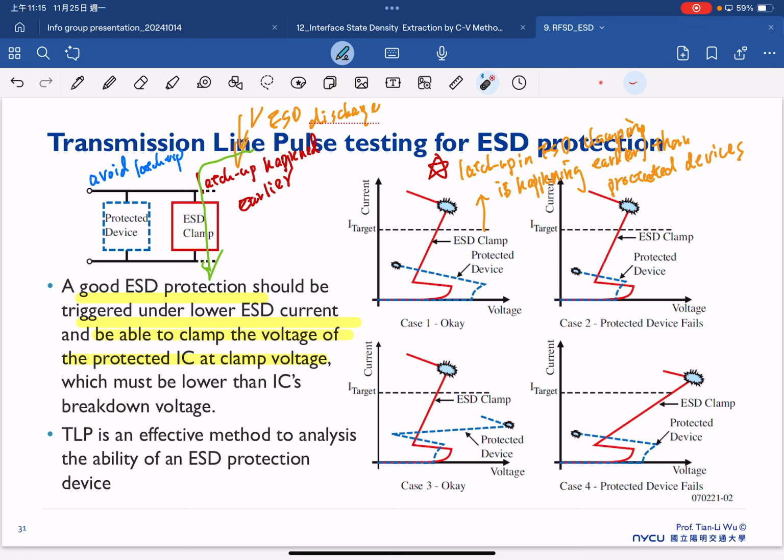So that's why we say the good ESD protection should be triggered under the low ESD current and be able to clamp the voltage of the protective IC at the clamp voltage which is lower than the breakdown voltage.